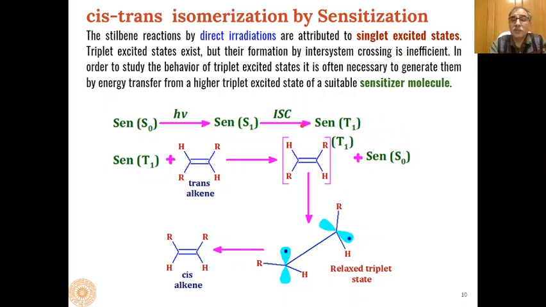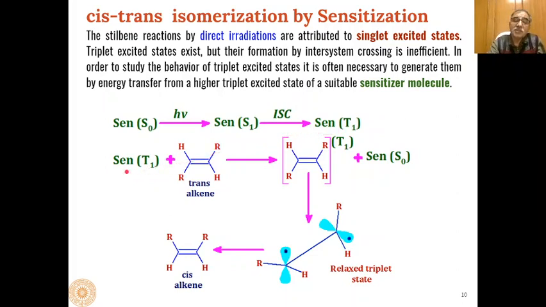So the procedure for this is: when the sensitizer is irradiated, it is excited to the first excited state, and because this sensitizer can easily undergo intersystem crossing, it will change into a triplet state.